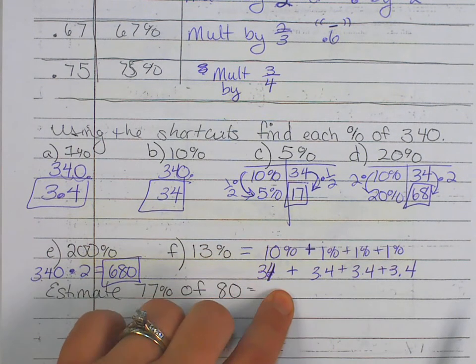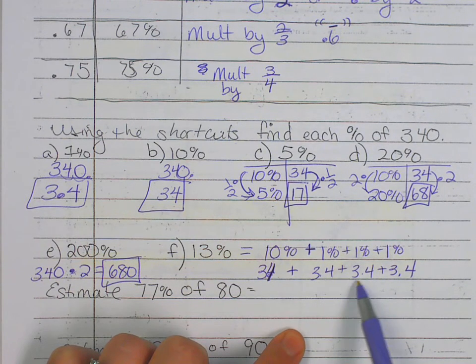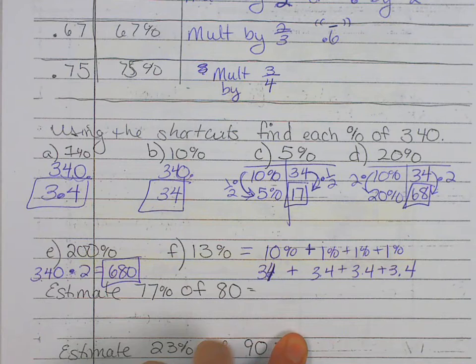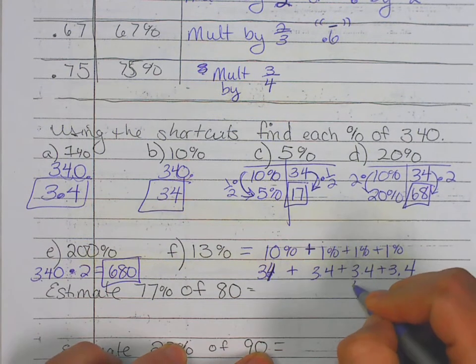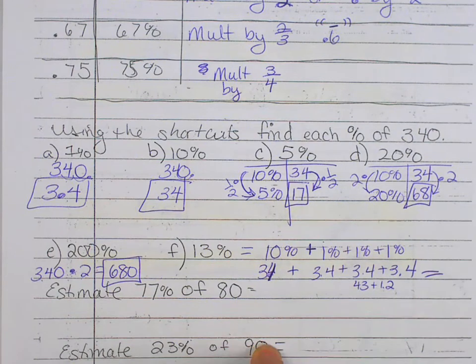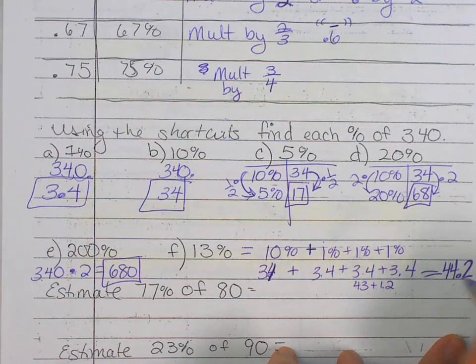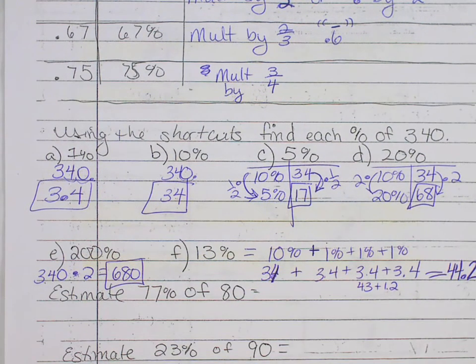That's 43. 43 added to 3.4s, which is 1.2. The 43 with the 1.2 turns out to be 44.2. Remember, I'm not using a calculator. We're exercising right now, exercising our brains.